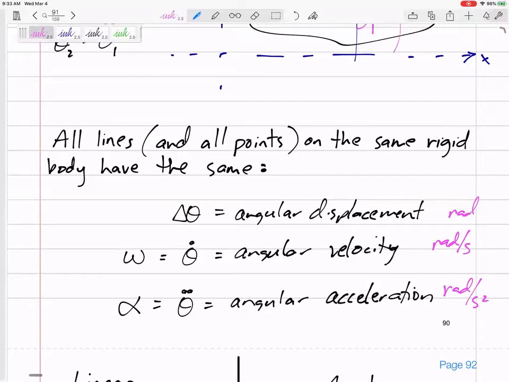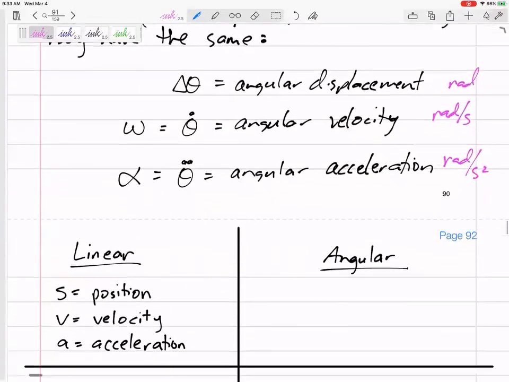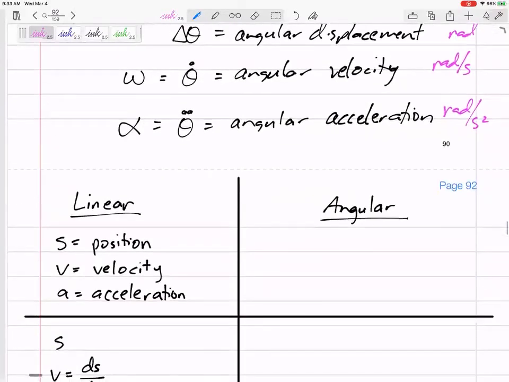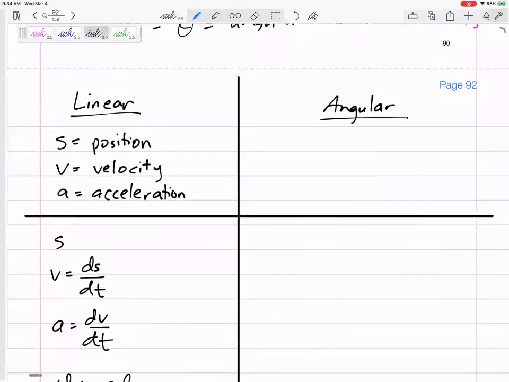All right, there are a lot of similarities with angular velocity and angular acceleration compared to our linear velocity and linear acceleration. So that's a good thing. We don't have to redo everything we've learned. Now we just have to think about it in angular terms.